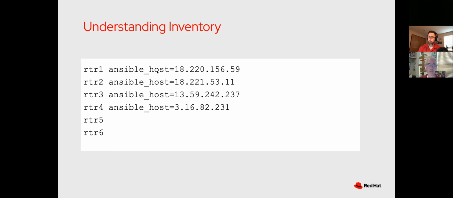It's a special variable within the Ansible language. If you specify it, then when you reference router 1, Ansible is going to use this IP address to actually connect. This is a fairly simple example of how you can specify a variable that's associated with a particular endpoint.